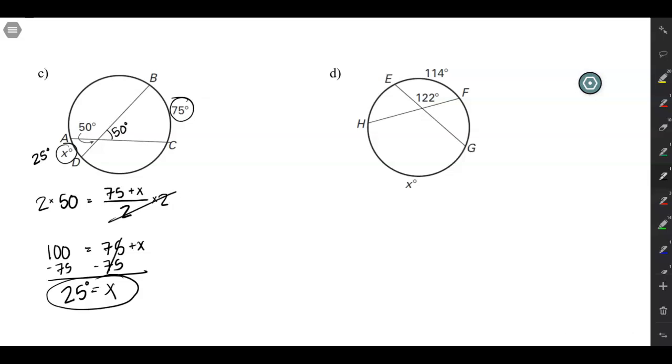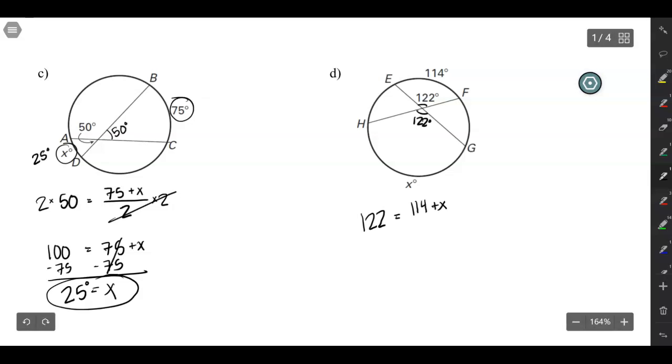Okay, let's try it again over here. This is actually a very similar problem where we know that the angles inside right here are both 122 degrees. And we know that 122 is going to be equal to the average of my arc measures. So 114 plus x divided by 2. I'll multiply both sides by 2 with the purpose of getting rid of my fraction.